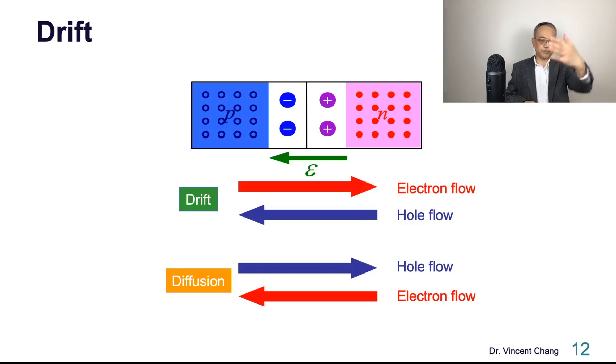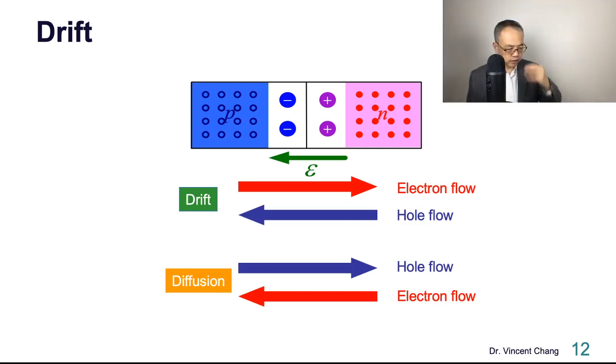So this is the drift. If you look carefully, these two forces, the diffusion on the bottom and the drift on the top, are opposite to each other, right? So what's the thermal condition? Eventually, this is an open circuit diode.